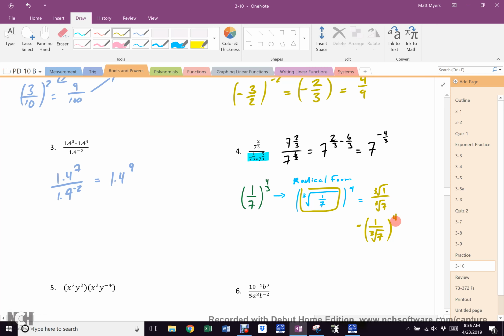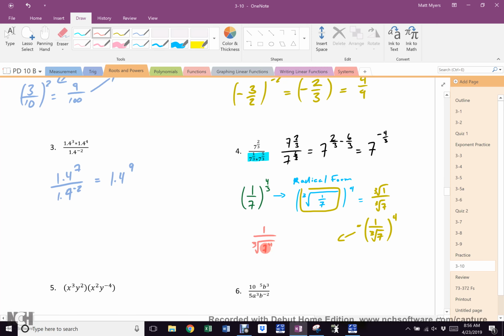Is everybody still okay? Still with me? That's a second version of the answer. That is right. I can go one step further here because this is 1 over the cubed root of 7 to the 4th power, yes?